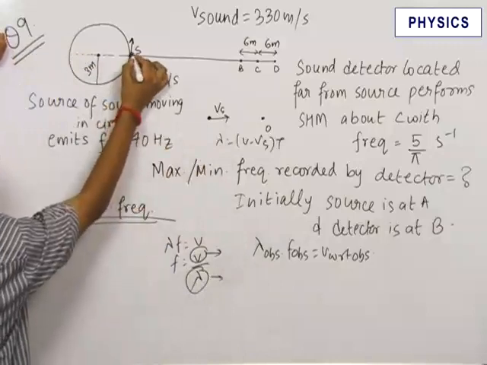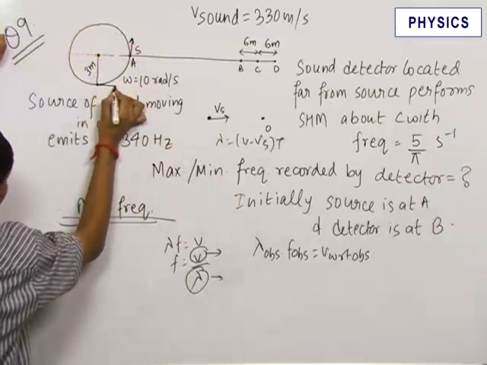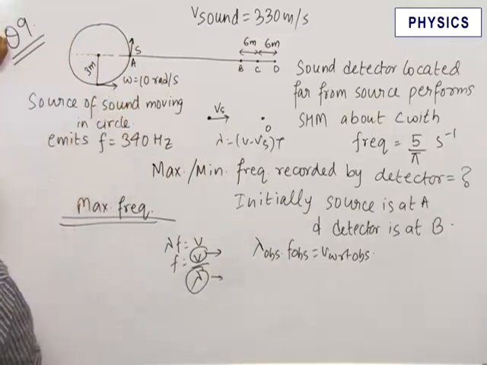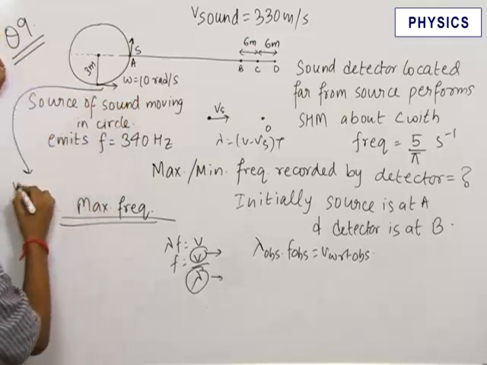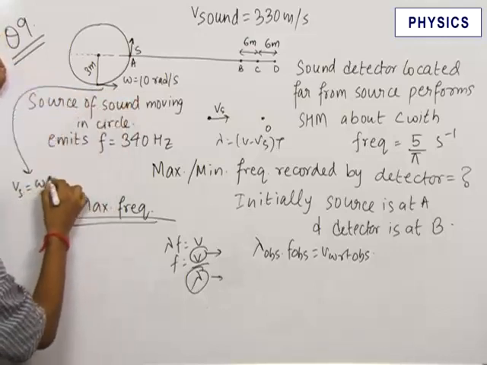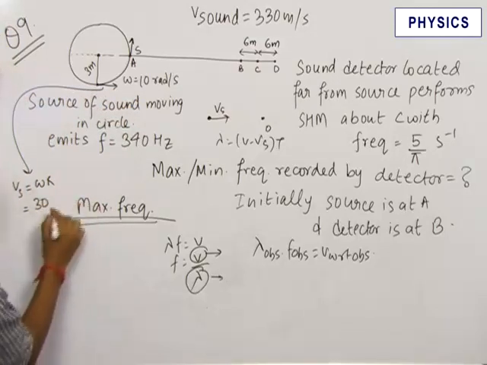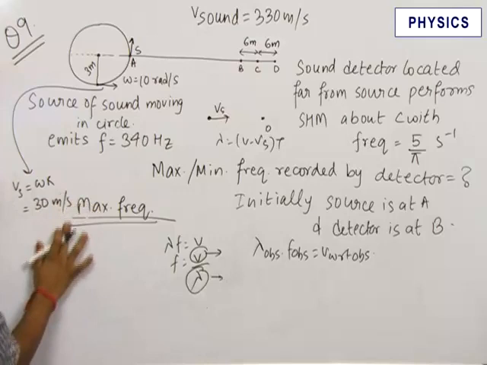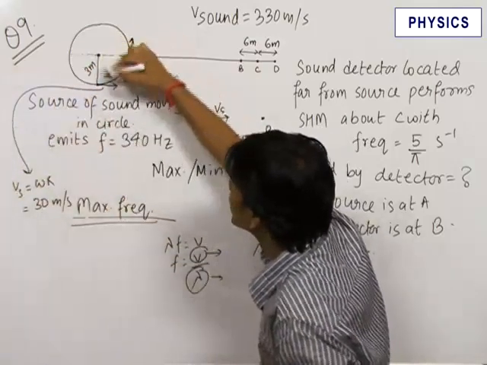Let us take the case when it rotates an angle of 3 pi by 2 and is at this point with its velocity in this direction. Now at this point of time, Vs will be equal to omega r, that is equal to 10 into 3, that is equal to 30 meters per second. Now let us find out the time taken by A to reach here.